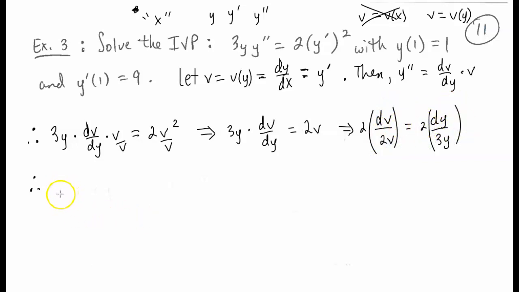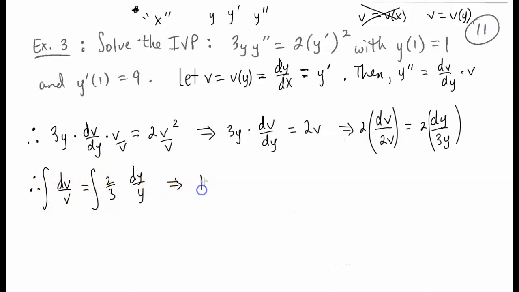So that'll end up being just dv over v, which is equal to 2/3 dy over y. At this point, I know that this truly is a separable equation. I can integrate both sides.